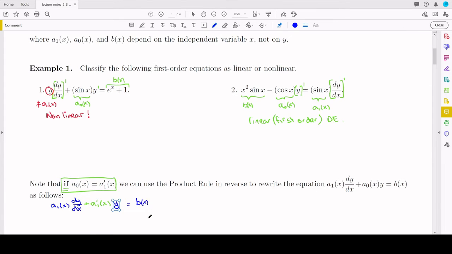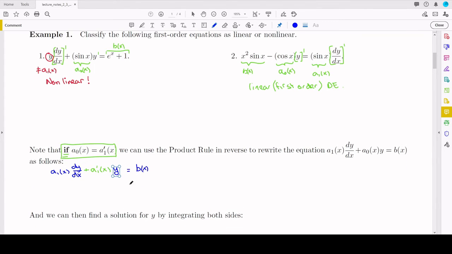But what you should see here is that you have a function times the derivative of y, and then the derivative of that function times y. Hopefully you recognize a product rule there.